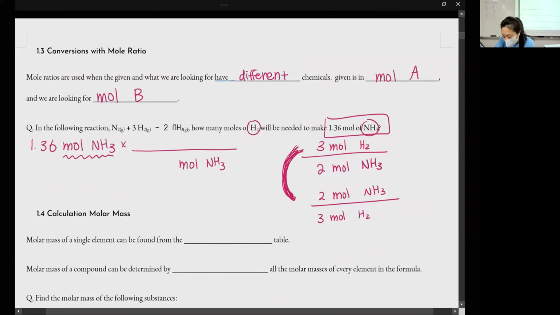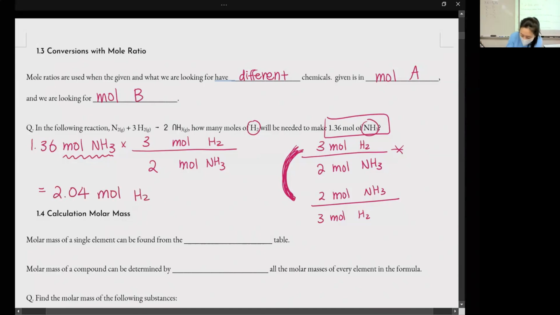The top one has the mole of NH3 on the bottom, so that's what we're gonna use. So 2 mole of NH3, and then the top will be 3 mole of H2. Therefore, if I calculate 1.36 times 3 divided by 2, it will give you 2.04 mole of H2.